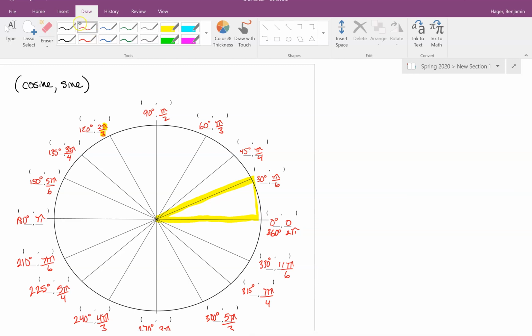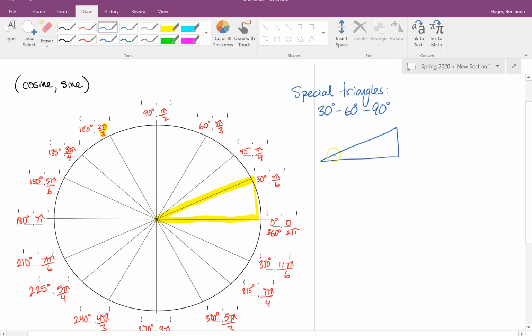So this is where we need to remember our special triangles. In a 30, 60, 90 triangle, we know the following is going to happen. The side opposite the 30 is typically referred to as A, but whatever it is, the side opposite the 60 is guaranteed to be radical 3 times that side.